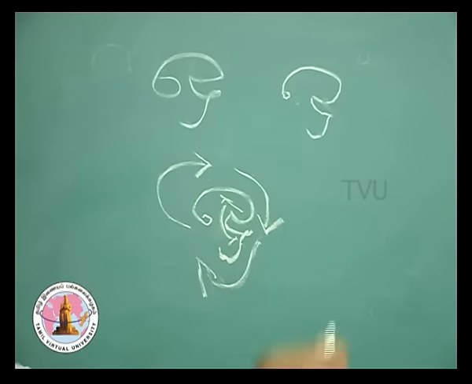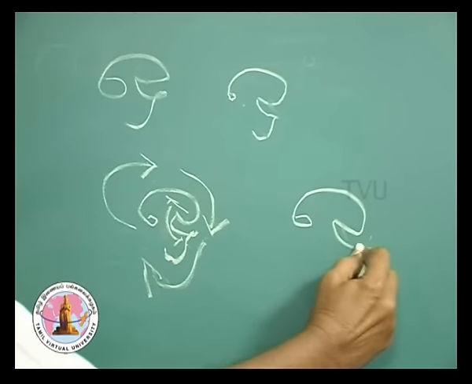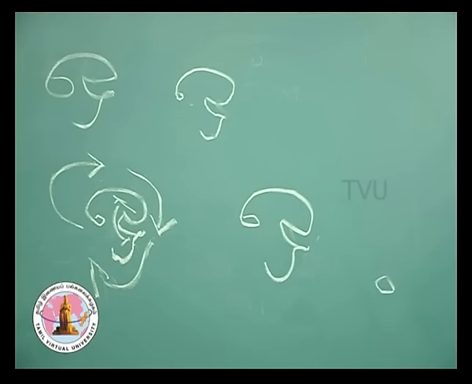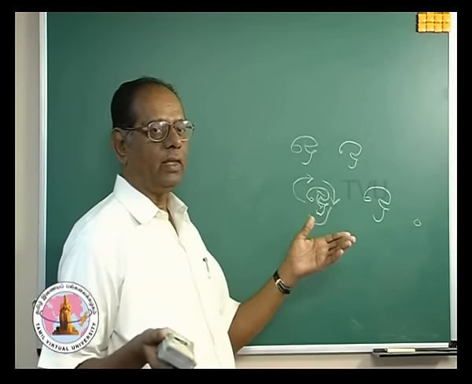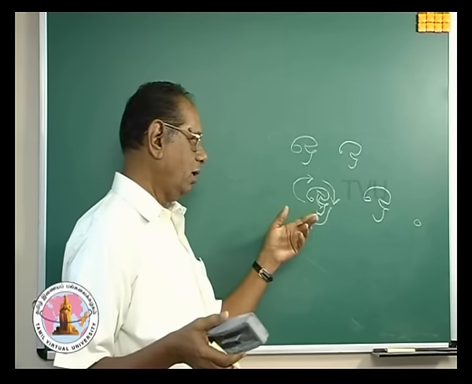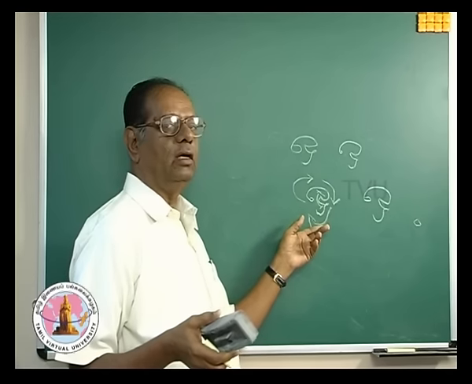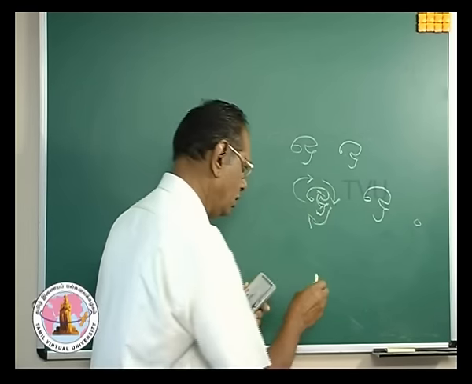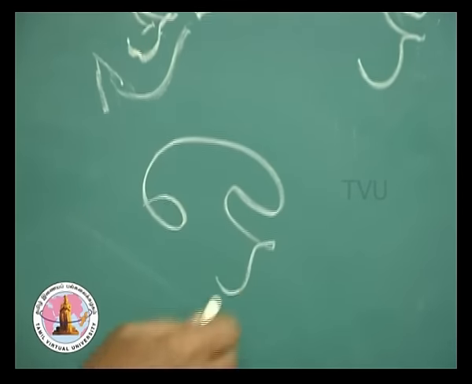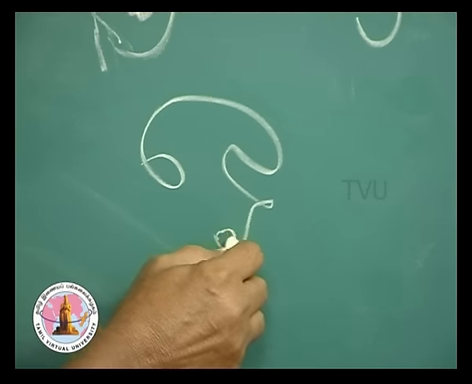Please look up once again. This is O. Now you have to practice it. Naturally you will understand that this will be followed by a long letter or an elongation of O. Elongation of O is O. You write O and at the end you have a circle and complete it.